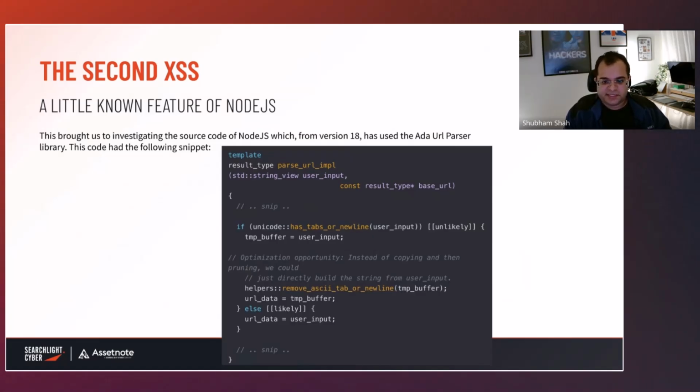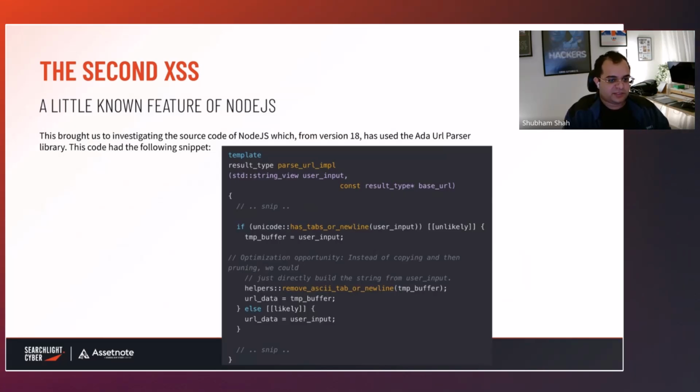It essentially says, if the URL has any tabs or newline characters, we should strip them before we actually fetch or go to the URL or do anything with the URL. And this is really interesting, and it's way more broadly applicable to the wider ecosystem than just Adobe AEM.